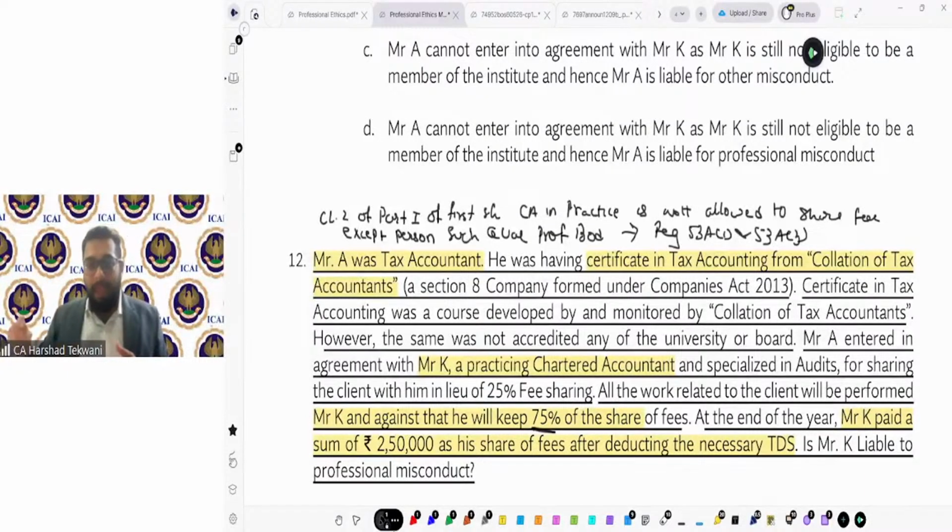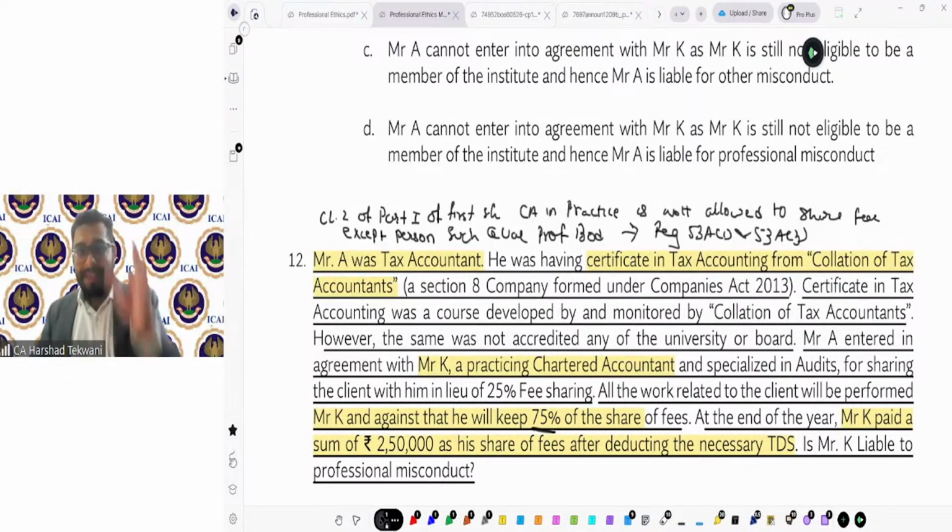Hence, Mr. A is not a person having the specified qualification as per regulation 53A3 specified in clause 2, nor is he a member of the professional body specified in regulation 53A1 as specified in clause 2, and hence Mr. K is guilty of professional misconduct.